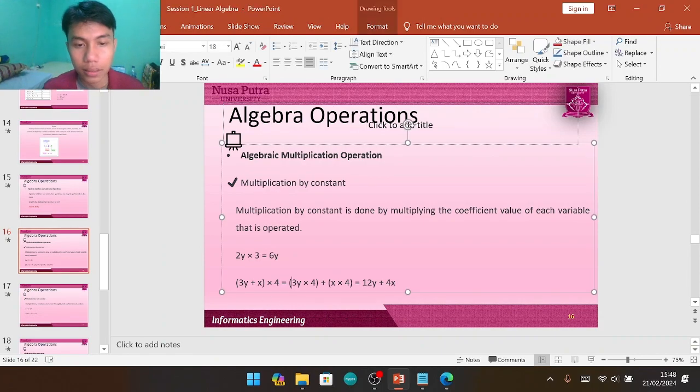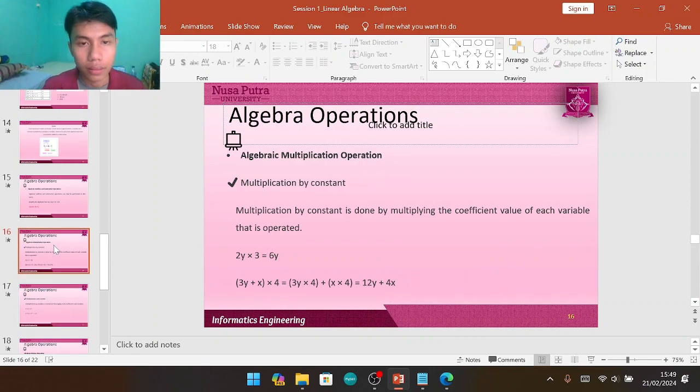Okay, like this. There's another example, 3y + x multiplied by 4. So 3y multiplied by 4 is 12y, and x multiplied by 4 becomes 4x. So there is the result.